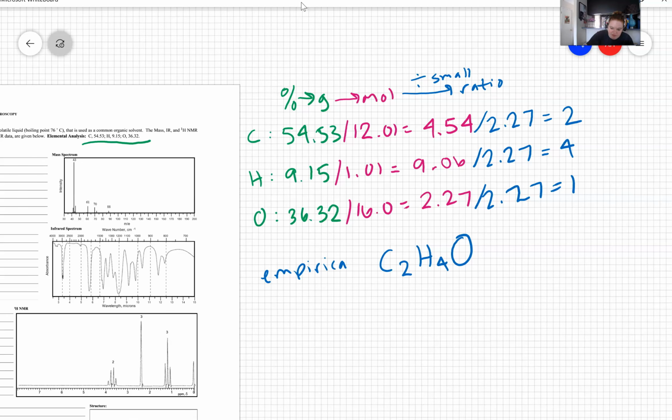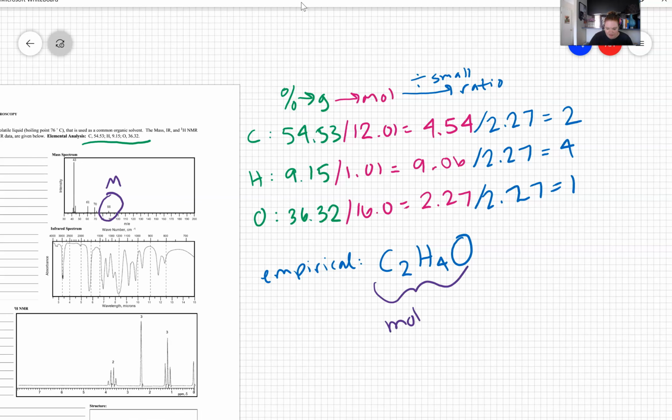and so we want to compare that to our other data. On my mass spec right here, I can see that my molecular ion has a mass of 88, and that is the molar mass of the molecular compound, so I need to compare that to the molar mass of my empirical.